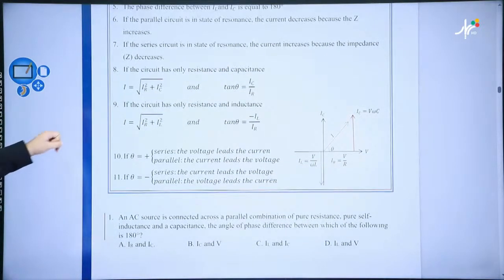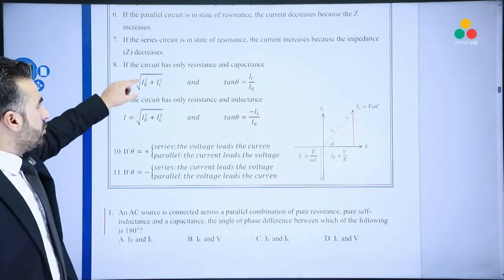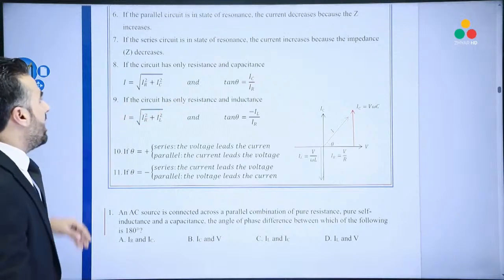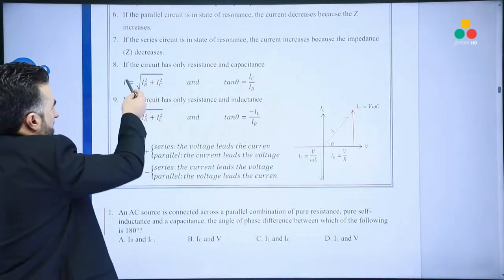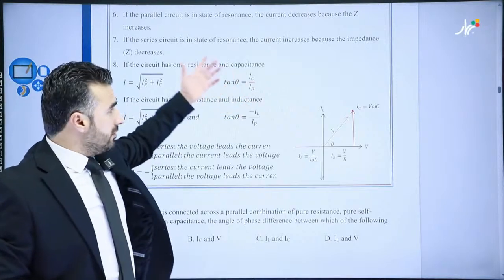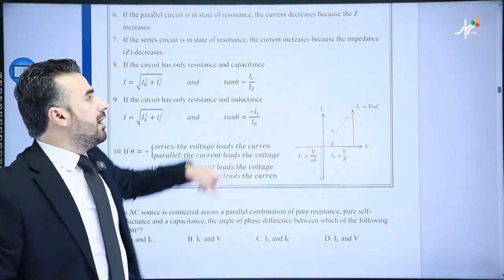So watch this. It says if the circuit has only resistance and capacitance, this is where we're going to write. So you can see IL is out of the equation here. We'll just say I equals the square root of IR squared plus IC squared. And for tan theta, or you could just say theta equals tan inverse of IC over IR here.